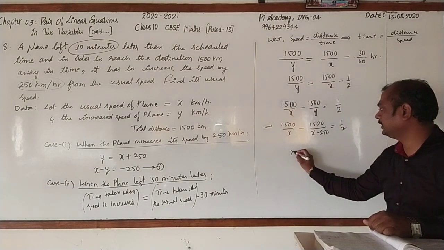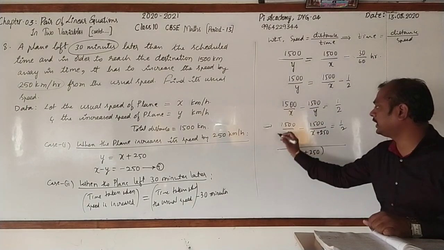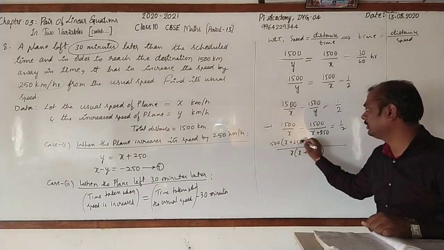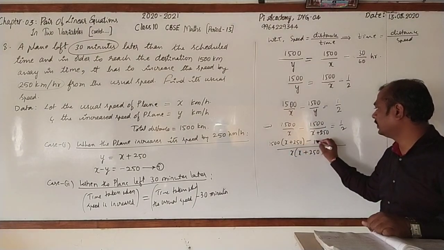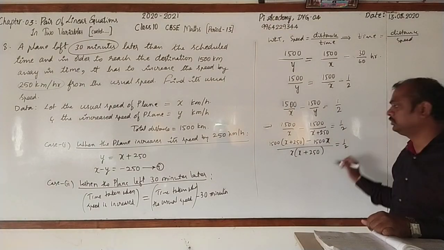Take the LCM, x into x plus 250. Cross multiply: 1500 into x plus 250 minus 1500x. It is equal to 1 by 2.